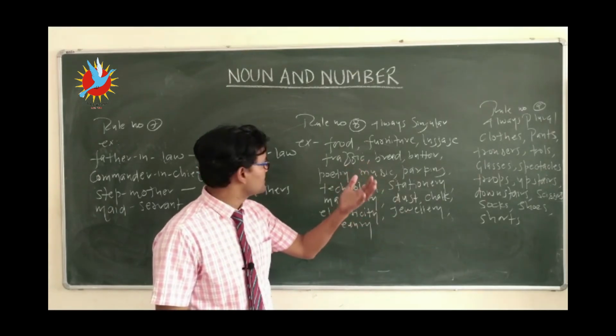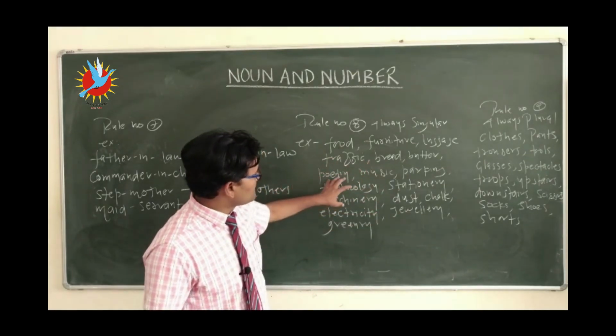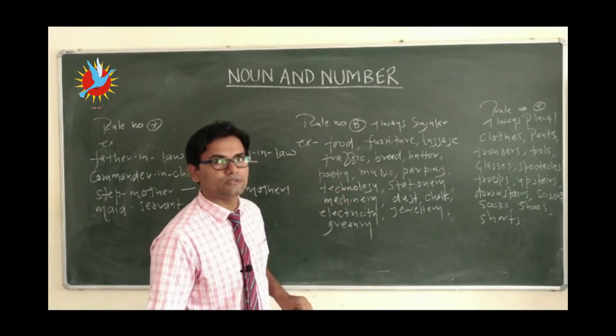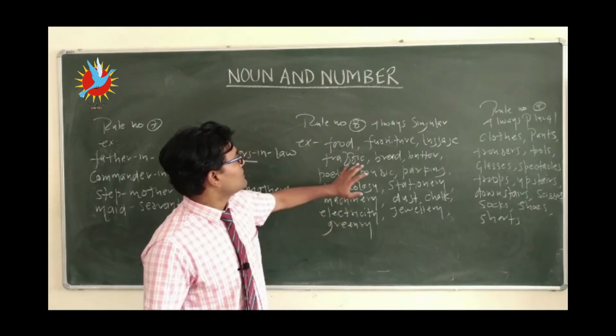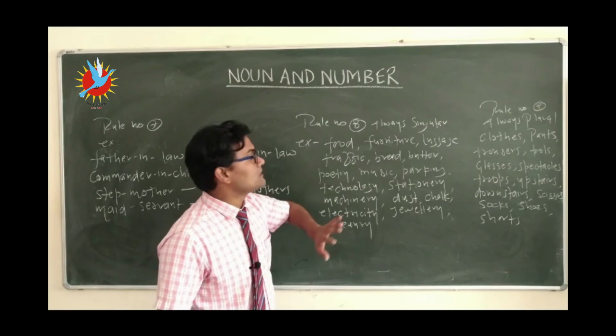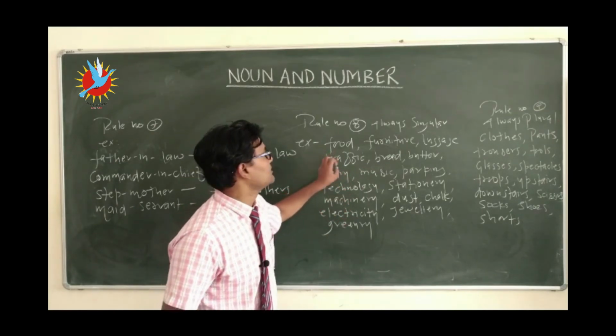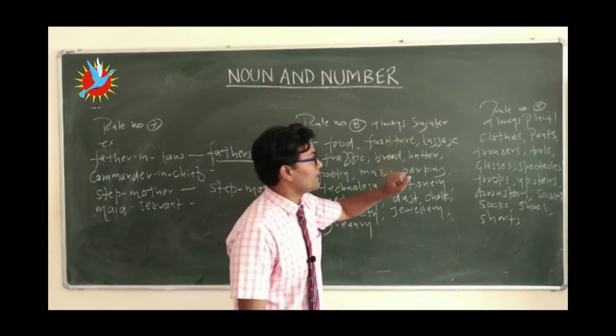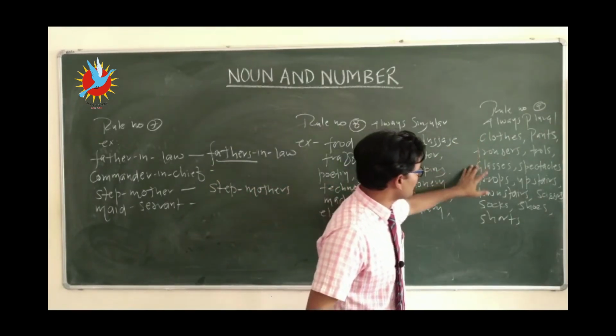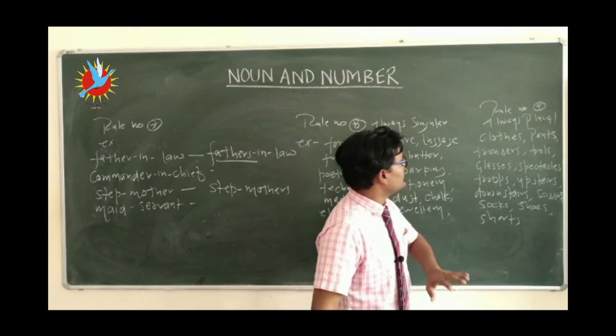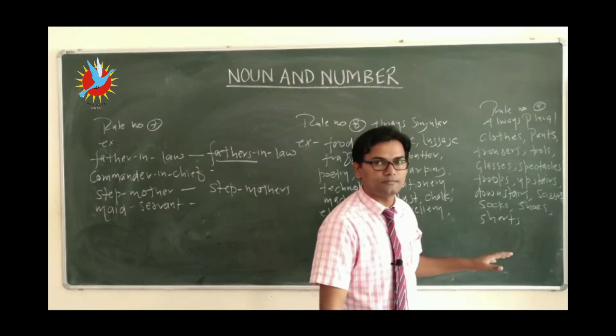There are many examples, but I have taken these examples which are common in use. Okay, these are always singular. Okay, you cannot change their number. They will be singular number. And in rule number 9, these nouns, they are always plural.